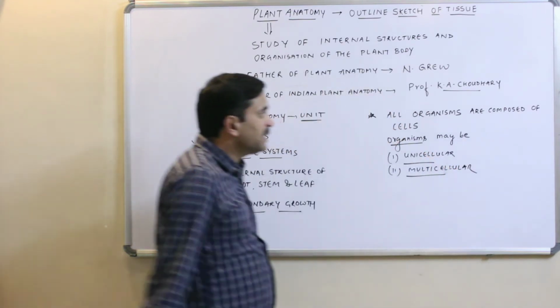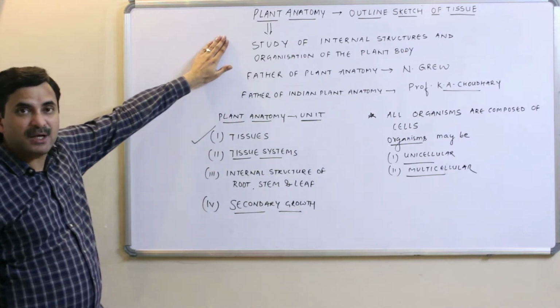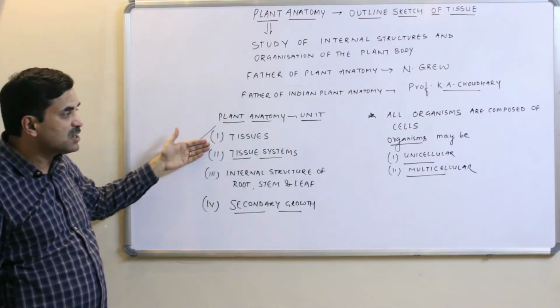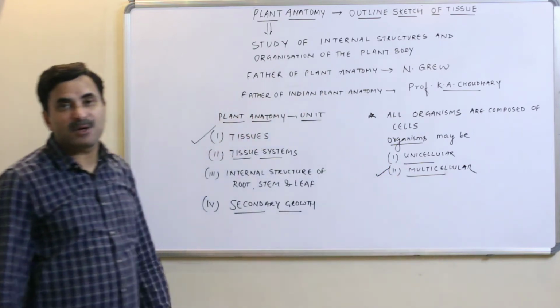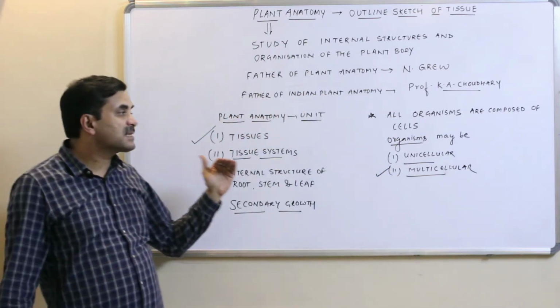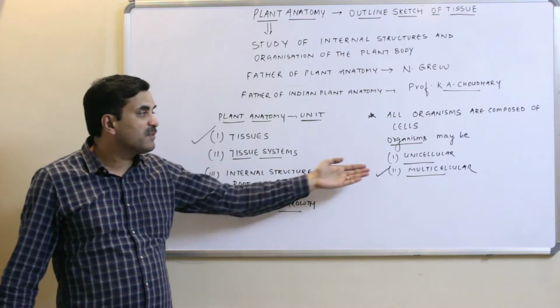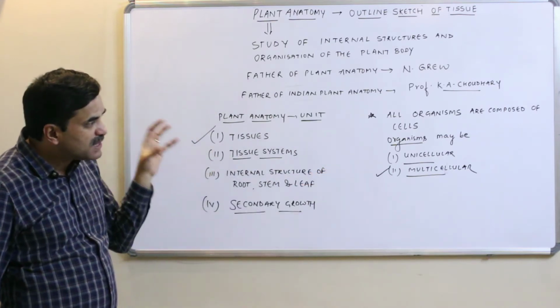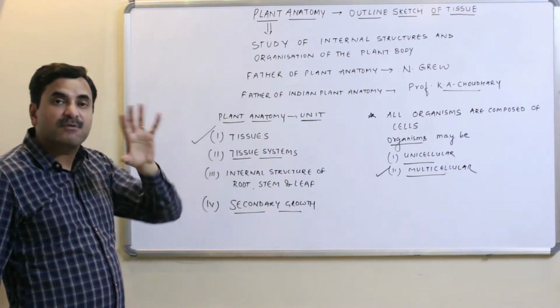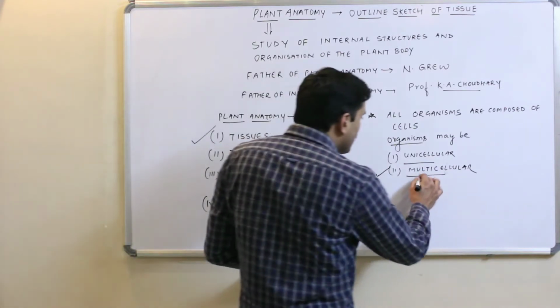But here in plant anatomy, because we are studying tissues, we will be focusing on multicellular organisms. We will be discussing the higher plants which are multicellular, having many cells.